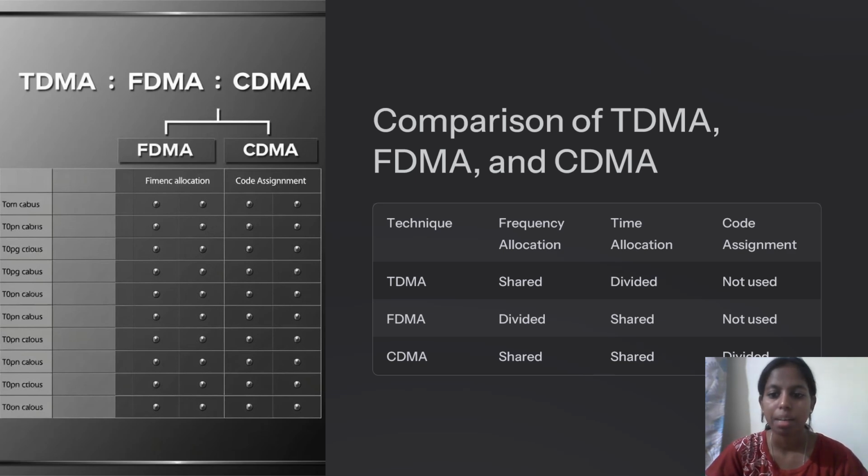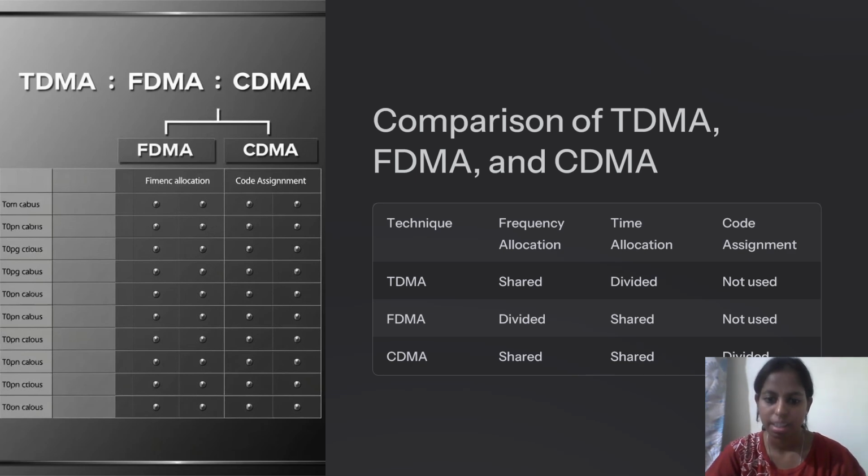Now let's see the comparison of TDMA, FDMA and CDMA. We will compare them in three ways: frequency allocation, time allocation and code assignment. In TDMA, frequency allocation is shared, time allocation is divided, and code assignment is not used.